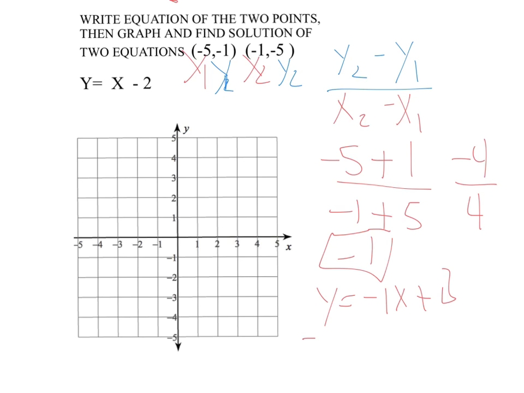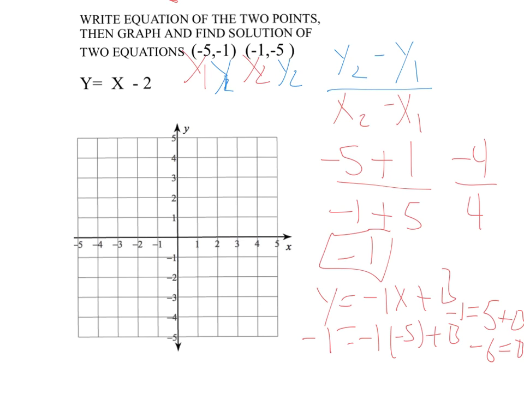So negative 1 for y equals negative 1 times negative 5 plus b. Negative 1 times negative 5 is going to be 5. So we're going to write negative 1 equals 5 plus b. Then we're going to subtract the 5 over. We'll get negative 6 equals b.